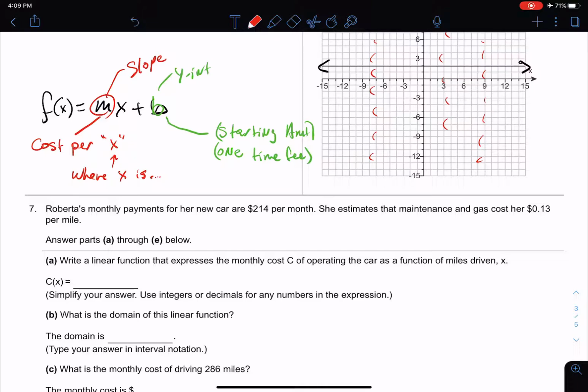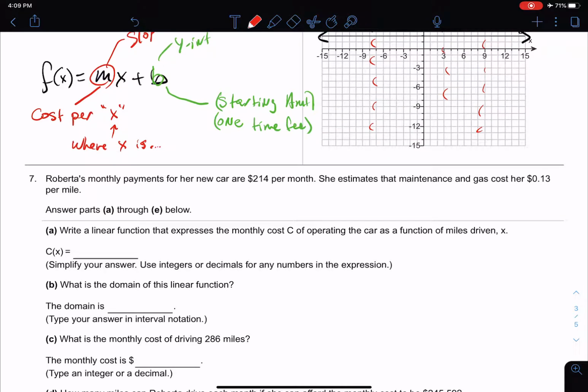Okay, let's see if we can identify those pieces. Roberta's monthly payment for her new car is $214 per month. She estimates that maintenance and gas cost her 13 cents per mile.